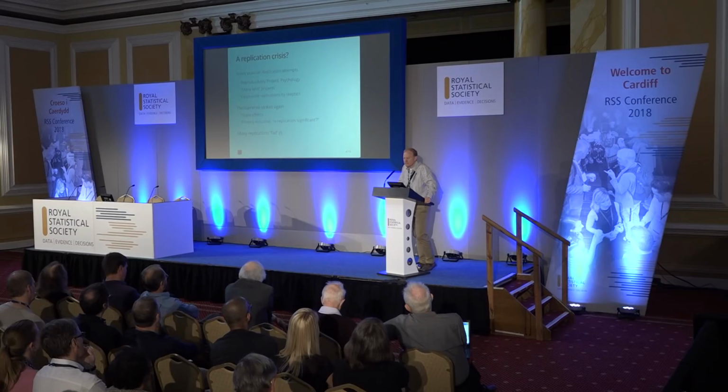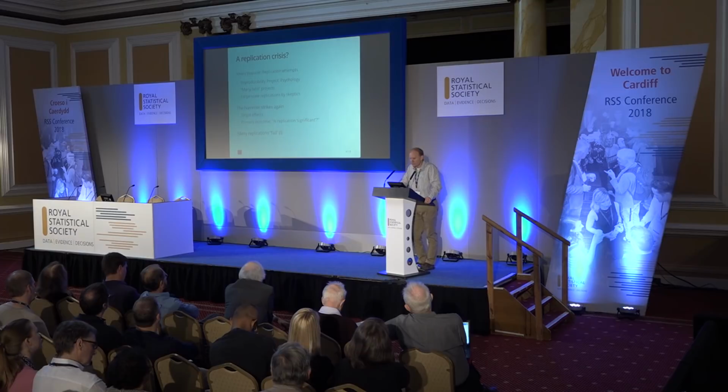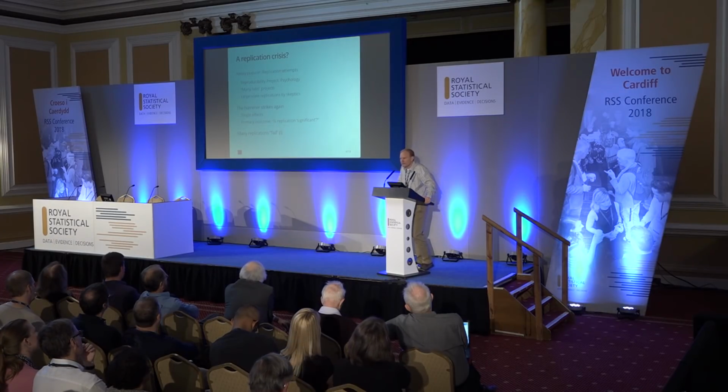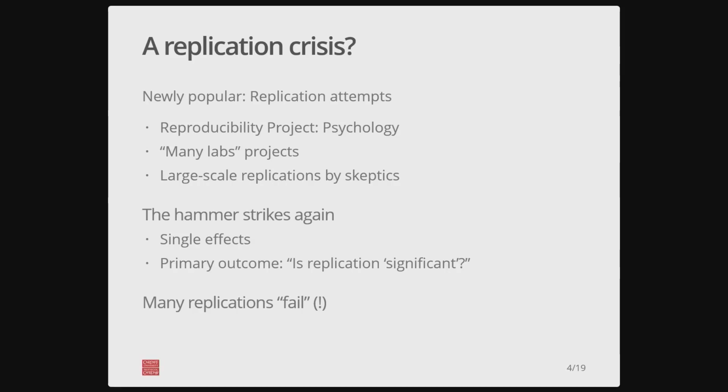But the replicators have the same problems as the original scientists. They will often focus on single effects, and they'll even focus on that single criterion for the existence of an effect. Is the replication significant? And if it's not, they declare a mismatch between the original and the replication.